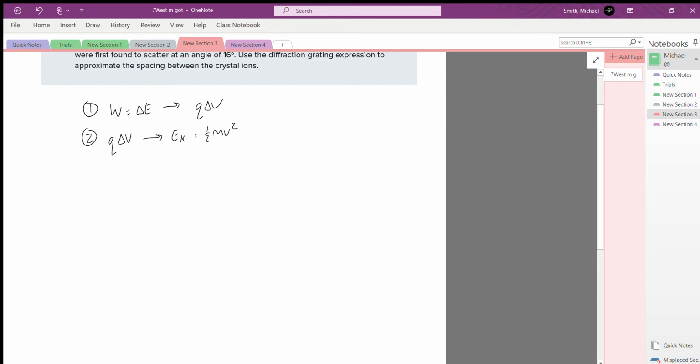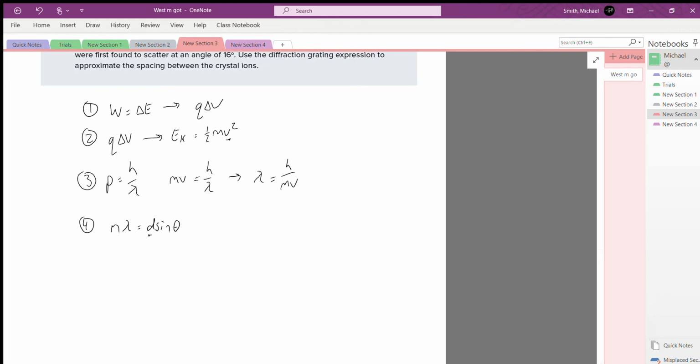So we'll calculate Q delta V and rearrange this to get the speed of the electrons. Then we'll use the de Broglie relationship. Momentum is h on lambda. Substituting p equals mv, we have mv equals h on lambda. Therefore, lambda equals h on mv. And then finally, we'll use the relationship m lambda equals d sine theta to calculate d, which will be our approximation for the spacing between the crystal ions.